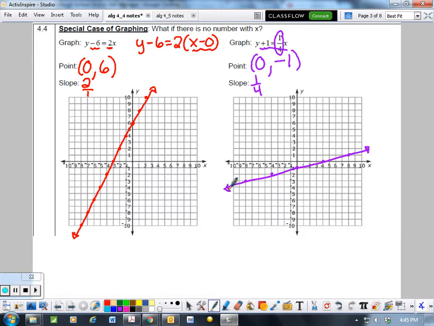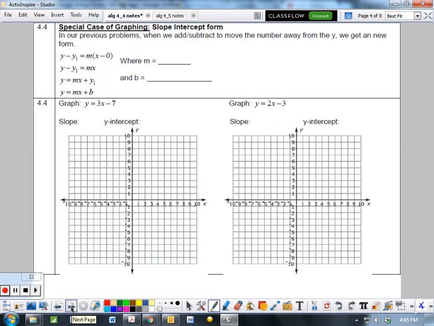Now, these situations are actually way more common than you would think. In fact, we used to only graph in this type of situation. And so now we're starting to see, when I have a 0 here, that just turns into mx.